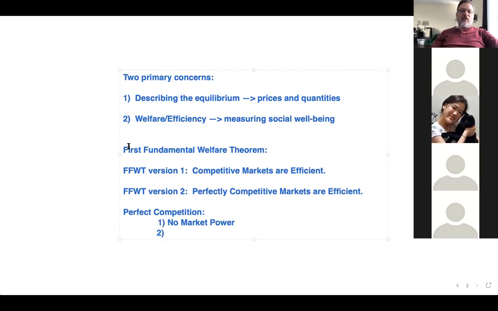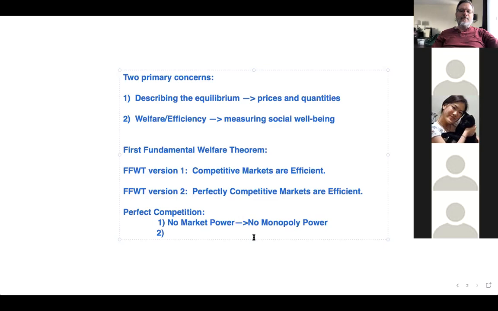So I don't know if you are familiar with the idea of market power, but a lot of times when it's first introduced, again, another lie, they'll say no monopoly power. Okay. And that's okay, but again, it's a lie.